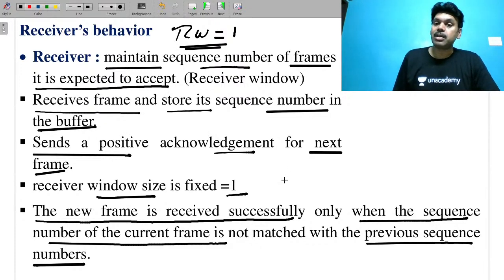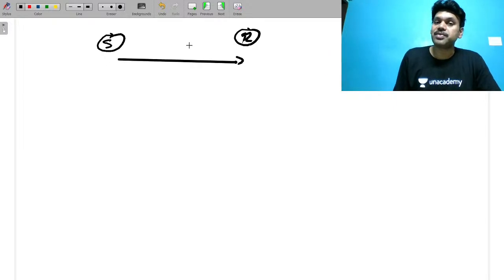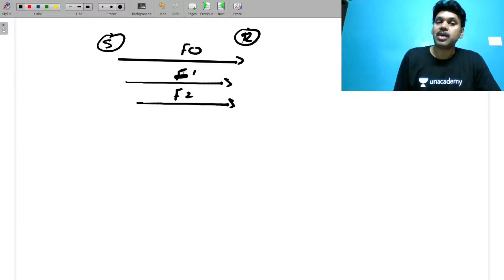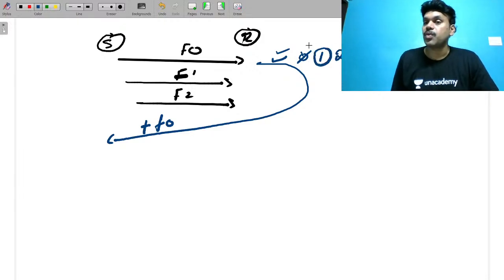For example, let us see, this is a sender, this is a receiver. The sender sends frame 0, frame 1 and frame 2. Now the receiver starts processing the frames. Frame 0 is a success, and now it releases the acknowledgement for frame 0. So 0 is completed, and the next expected frame is 1 only.